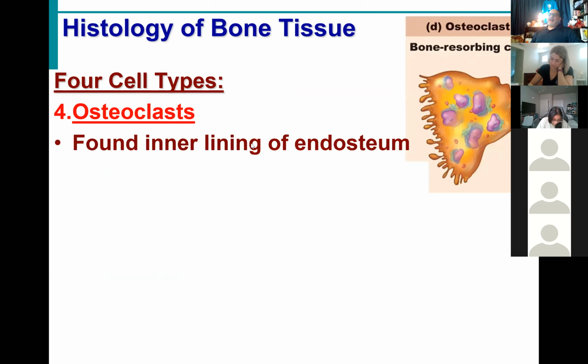So that brings us to our fourth cell. Our fourth cell is definitely a horse of a different color. Remember, the first three cells were basically the same cell in different stages of its life. But this fourth cell, the osteoclast, is actually more closely related to a white blood cell than the osteocyte.